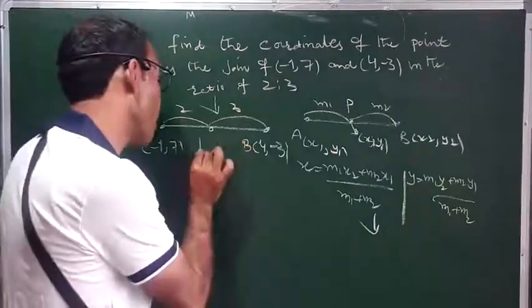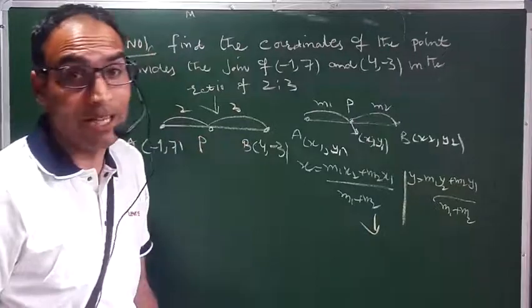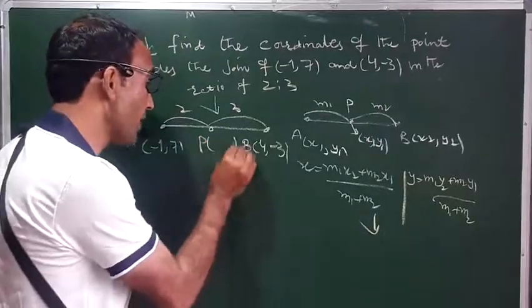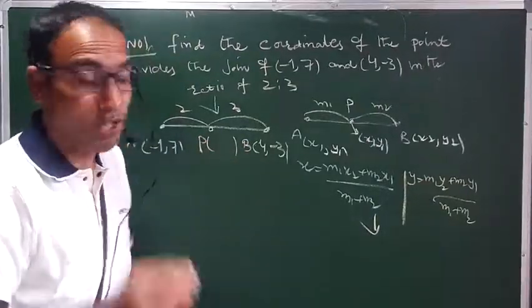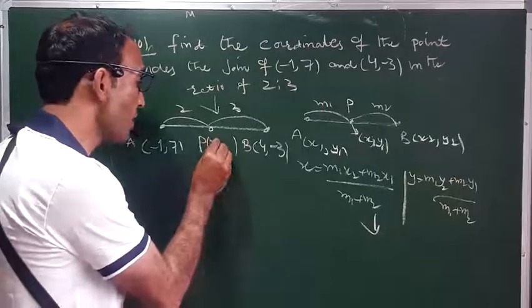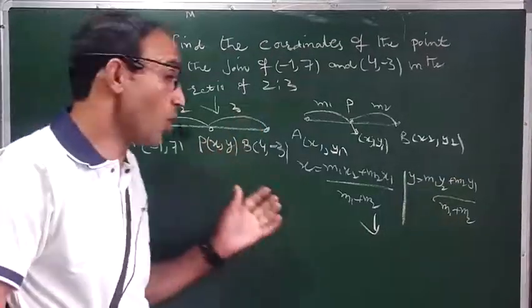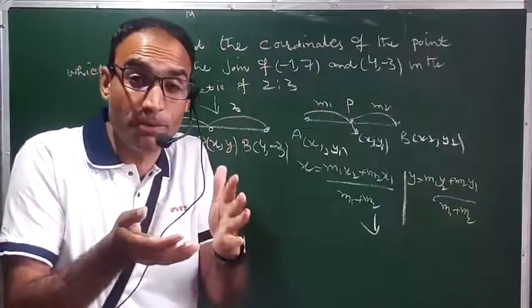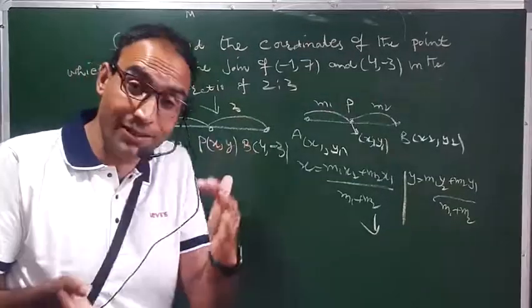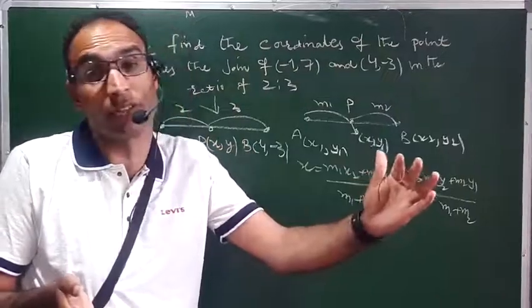Let the required point, or we can say let the point of division be P, whose coordinates are x and y. Yani the x coordinate of point of division is, dear students, x, and the y coordinate is y. What we have to determine?